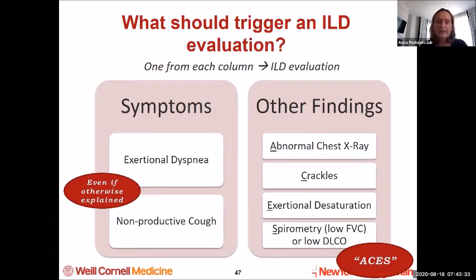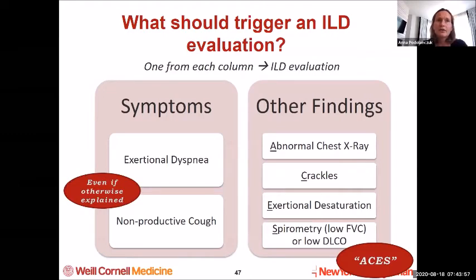And the reason I emphasize this is because there have been many studies now showing that many of our patients have huge delays in diagnosis. There was one study that surveyed patients and found that more than 50% of patients with ILDs had symptoms that started more than a year before they finally got their diagnosis of ILD.